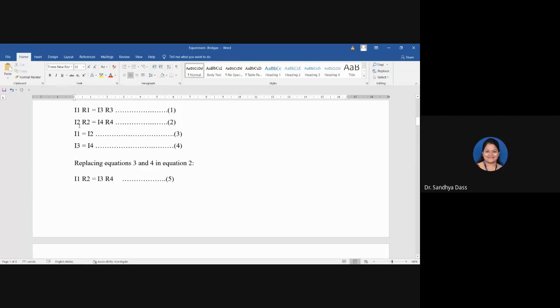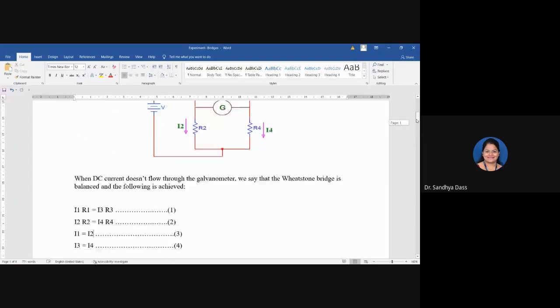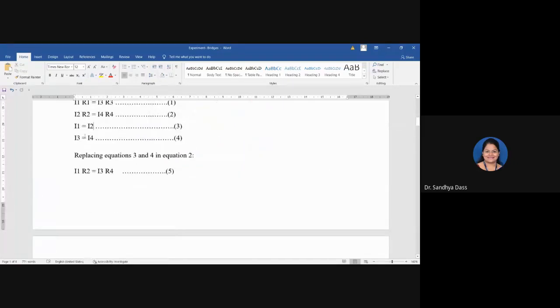In the other arm, I2 R2 will be equal to I4 R4. According to basic networks, I1 and I2 will be the same because it's the same current flowing in the path here, and I3 will be equal to I4. So substituting I1 in place of I2, I1 R2 is equal to I3 R4.